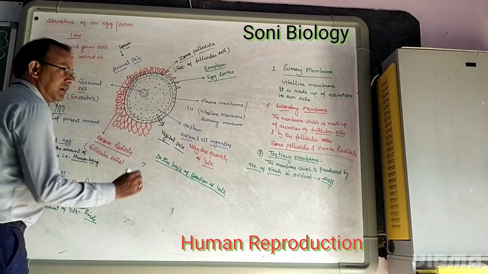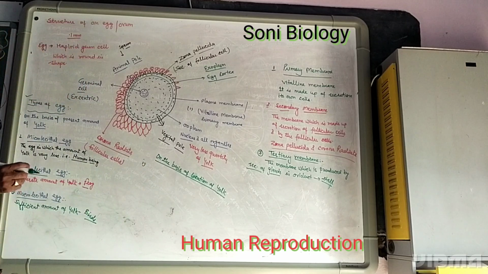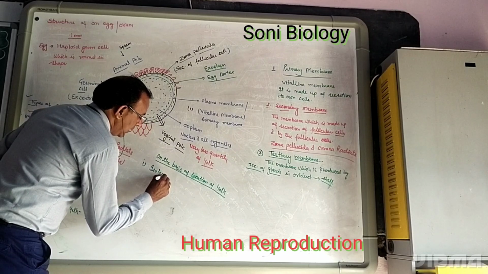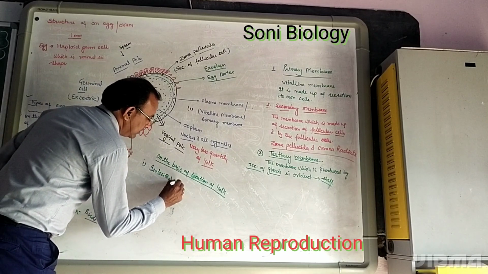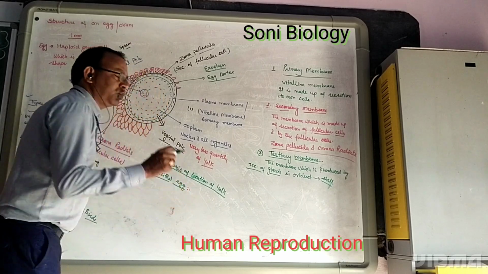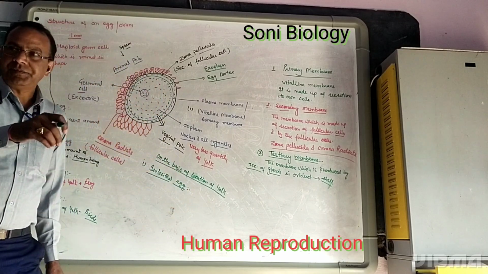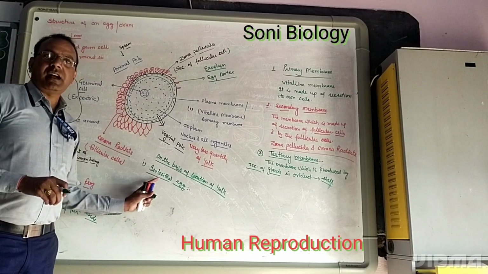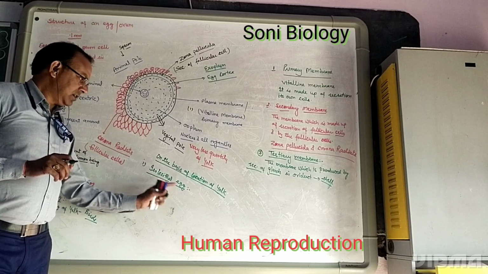First is the isolecithal egg. Isolecithal egg means yolk is present centrally. That egg is called an isolecithal egg.